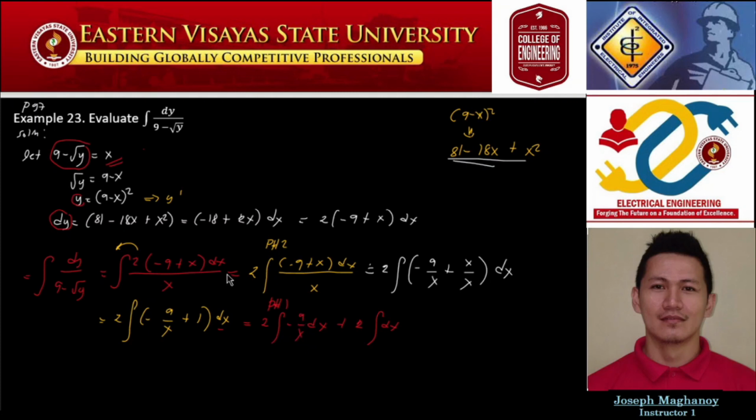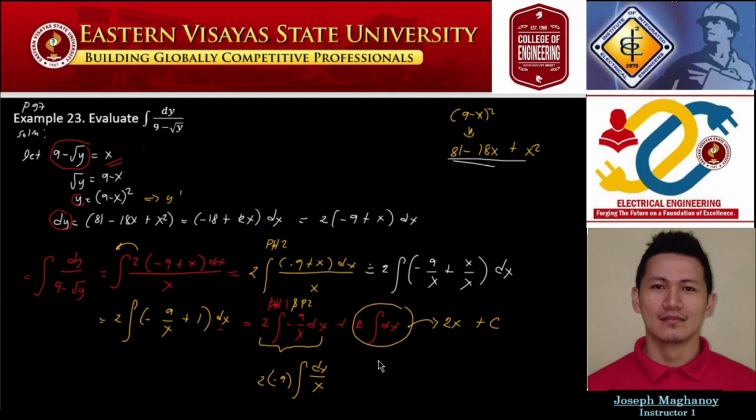So let's deal with our first term. Because here, it's obvious that if we integrate, the result is 2x plus c. So here you have 2, applying also your property number 2. So you carry out 9. So that would be negative 9 integral of your dx over x.